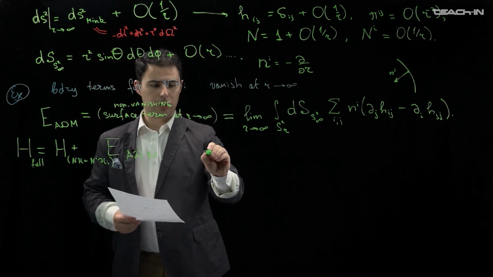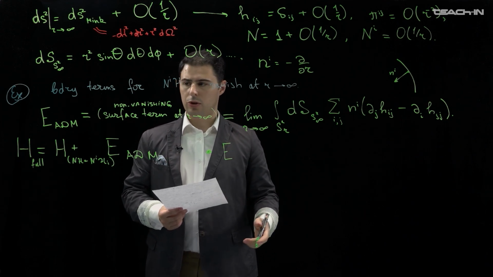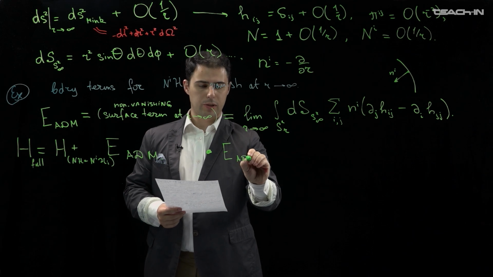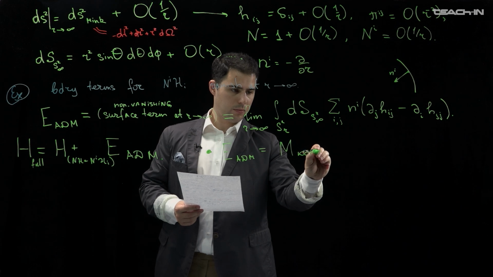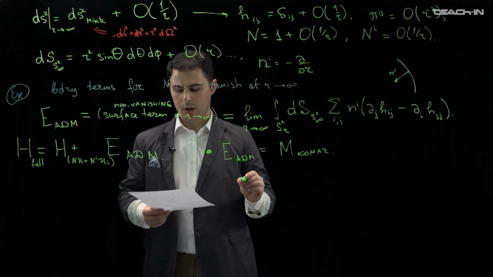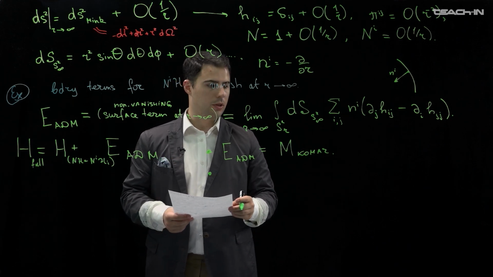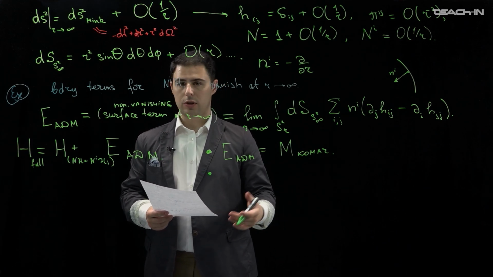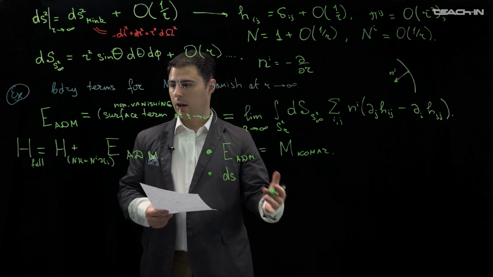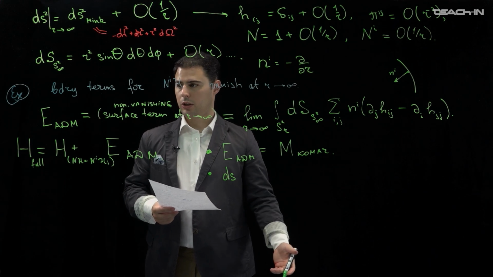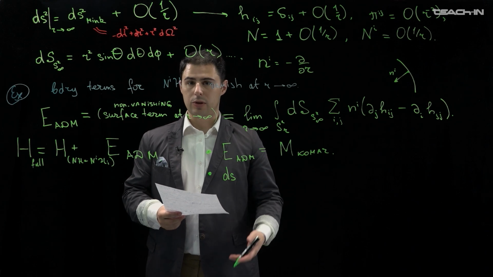There are two things to note here. First of all, one can show that the ADM energy is the Komar mass. Secondly, using the chart we have constructed, we can write the ADM energy as one of the terms in the expansion.